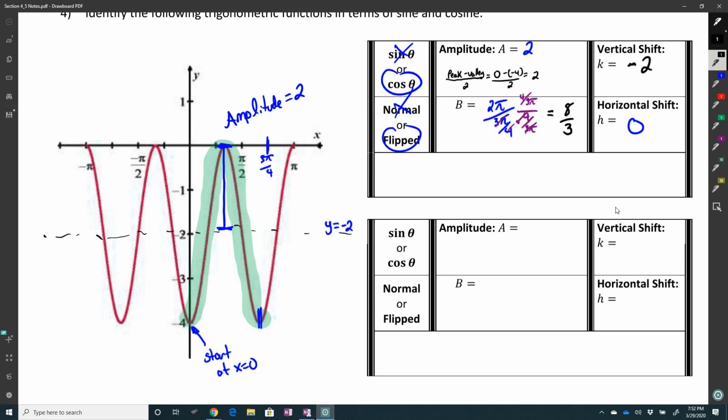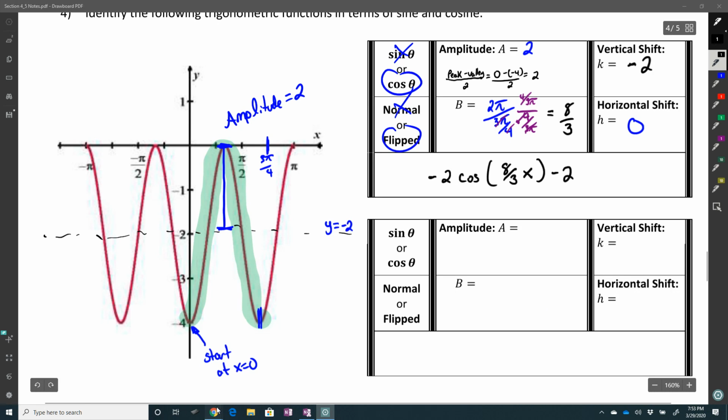So now I can combine all the pieces together, and this gives me a flipped cosine. So -2 cosine 8/3 x, because there was no horizontal shift, and then -2. There you go: -2 cosine 8/3 x -2.